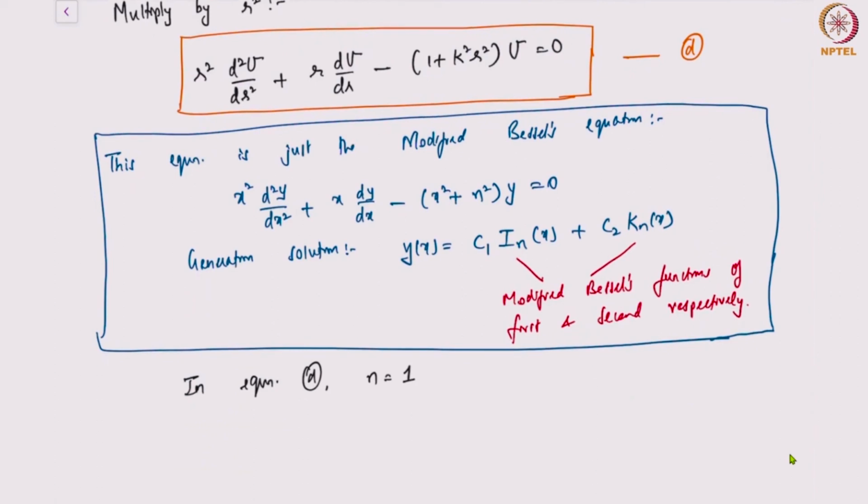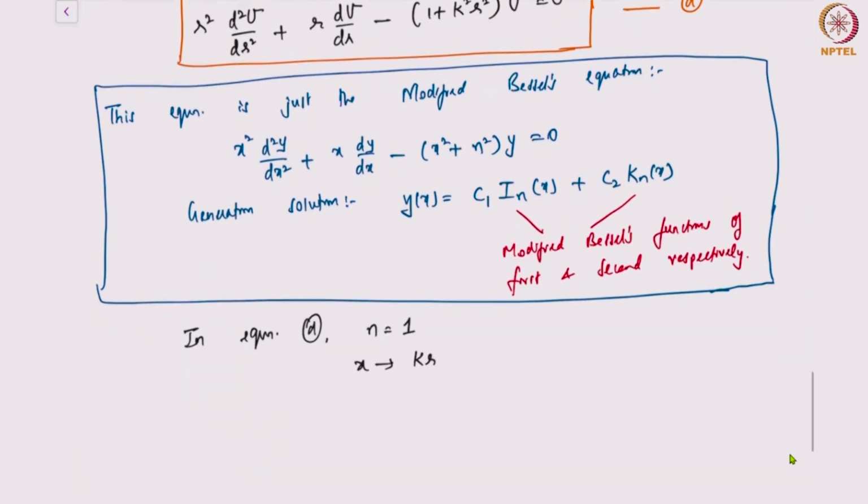We can also make one more change. We can replace the r with kr. You can make the substitution, or x you can think of as kx. X you can think of as kr. Okay, it will not make any change to the rest of the equation, the derivative terms.